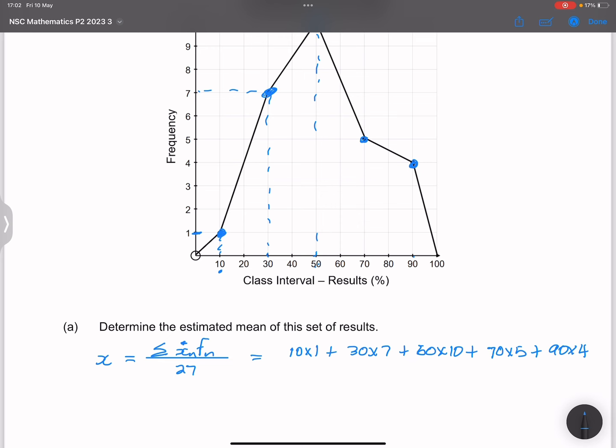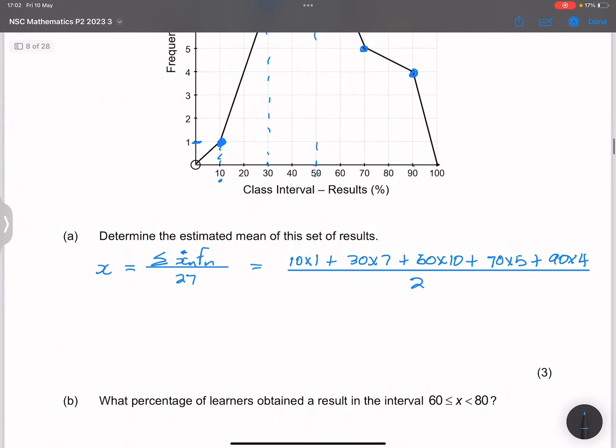This would be divided by 27, our cumulative frequency.